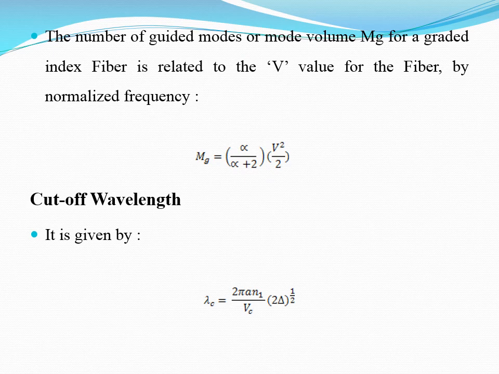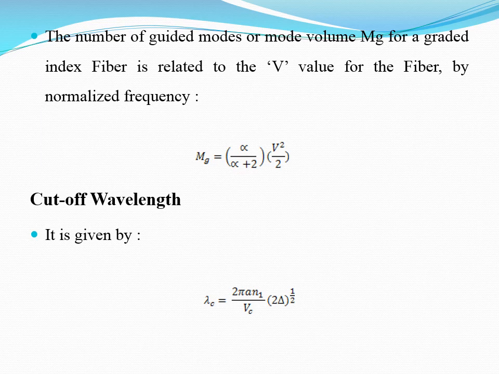So the number of guided modes for a graded index fiber related to a value V, the normalized frequency, is equal to alpha by alpha plus 2 into V square by 2. So Mg is equal to alpha by alpha plus 2 into V square by 2. This is the formula we have used earlier in those two numericals.